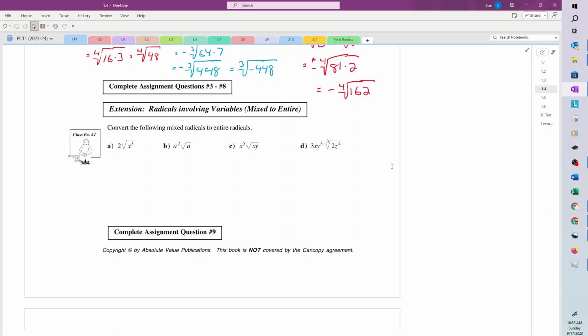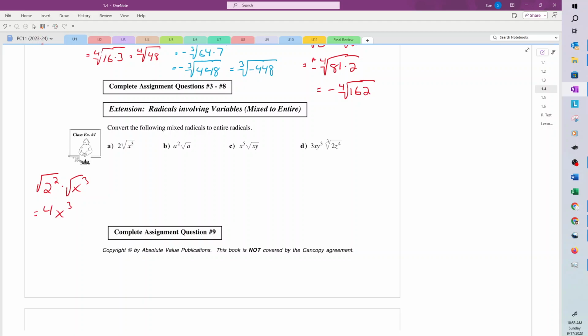So we've got 2 times the cube root of x cubed. So that becomes, I'm going to write this as the square root of 2 squared times the square root of x cubed. So that equals the square root of 4x cubed.